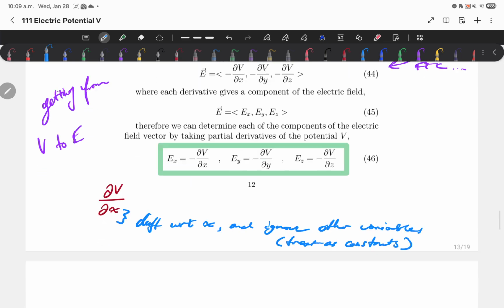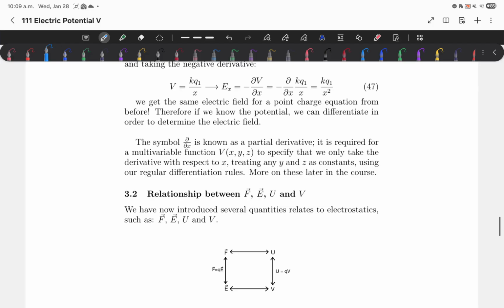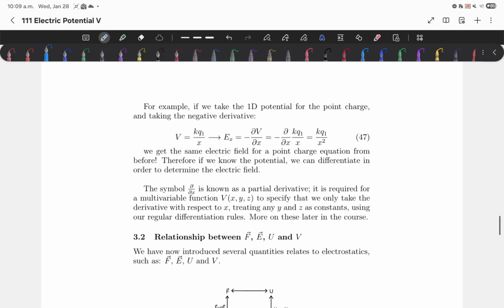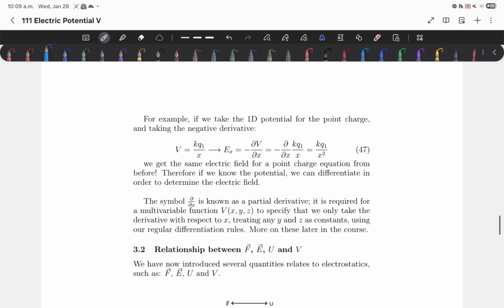For a really quick example here, we found v equals kq over x. According to our rule here, E has to be the negative derivative of V. So if we take the negative derivative of kq over x, we get 1 over x squared times the negative sign from the x derivative.